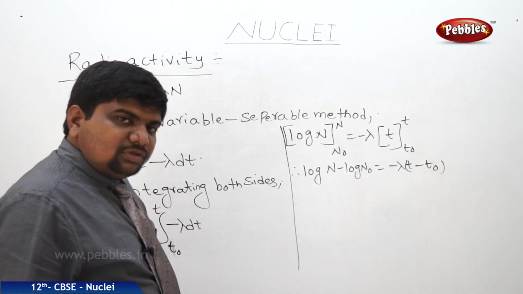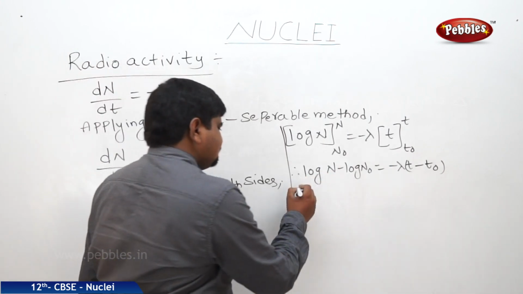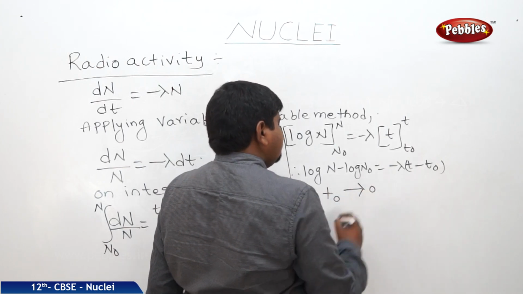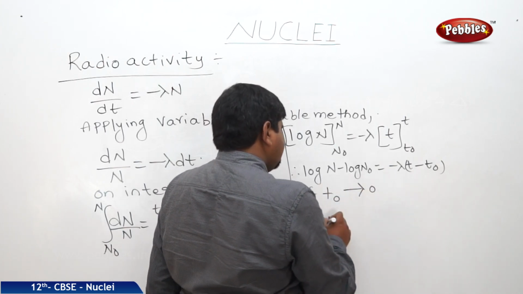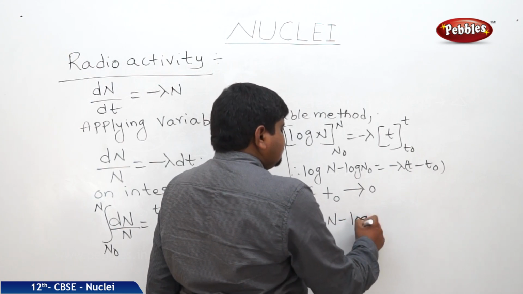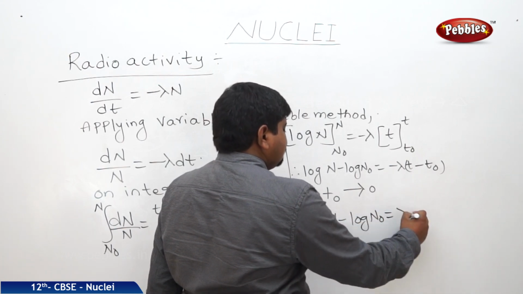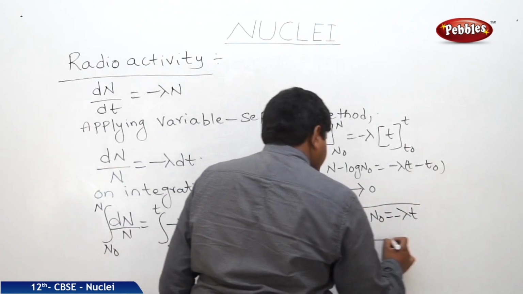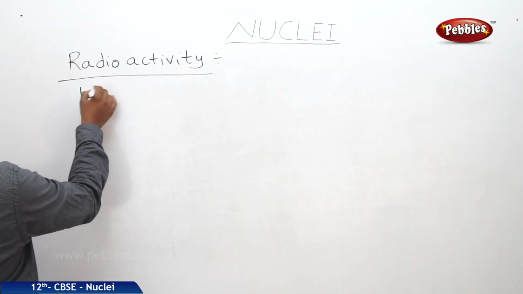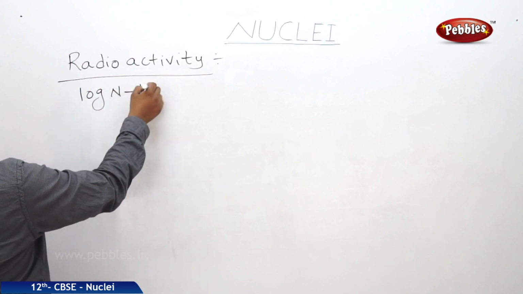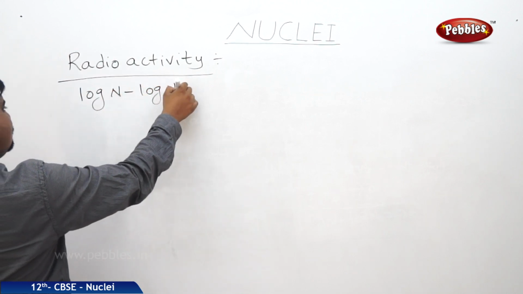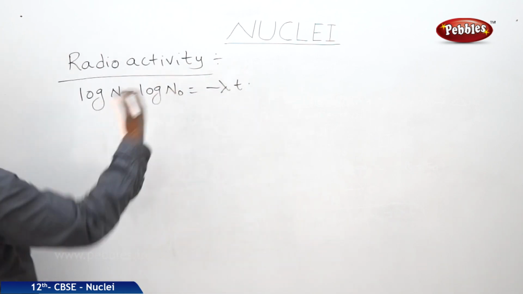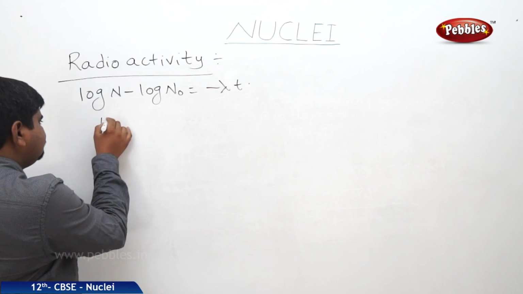If t naught is approaching 0, then the expression is log N minus log N naught is equal to minus lambda t. Log a minus log b is log a by b.